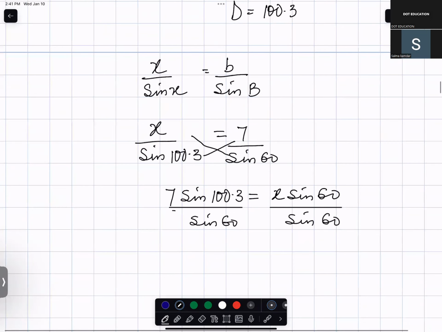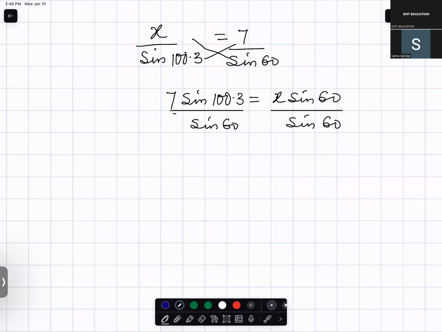So 7 sine 100.3, we have 6.9999 thereabout, divided by sine 60, is 7.95.